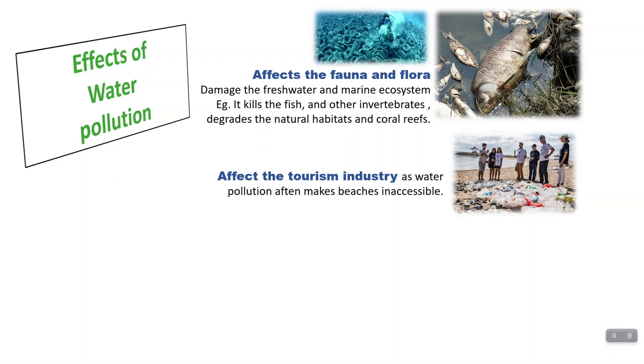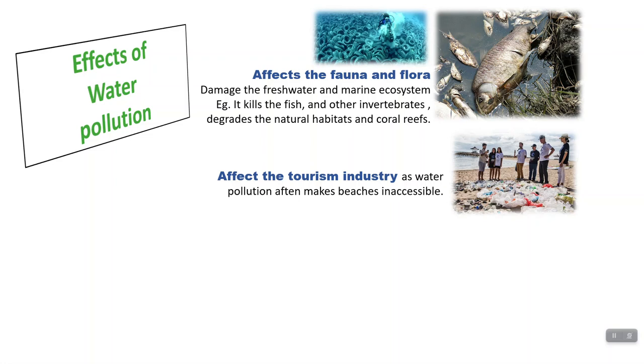Here in Mauritius, we depend mainly on the tourism industry. If our sea, for example, is polluted, it will affect the coral reefs and our beaches, and therefore tourists will not be interested to come. Some beaches may also be inaccessible. For example, with the Wakashio event, for many weeks, many months, the beaches were out of bounds because of toxic materials in the sea.